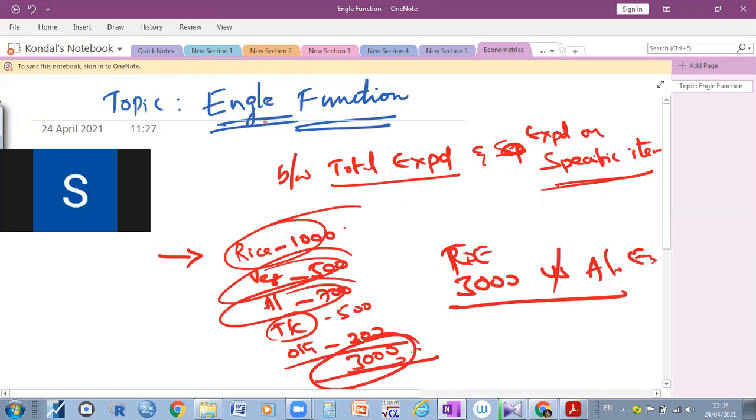Again, I'm repeating: the Engel function shows the relationship between total expenditure and expenditure on a specific item at a point of time across sample households.